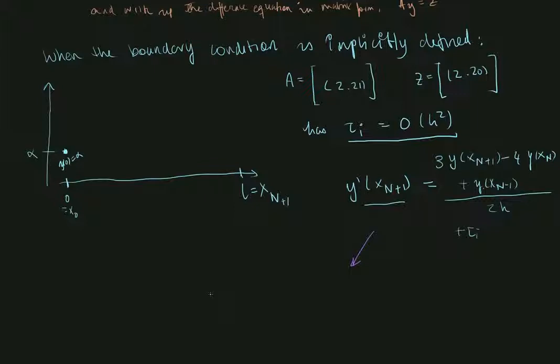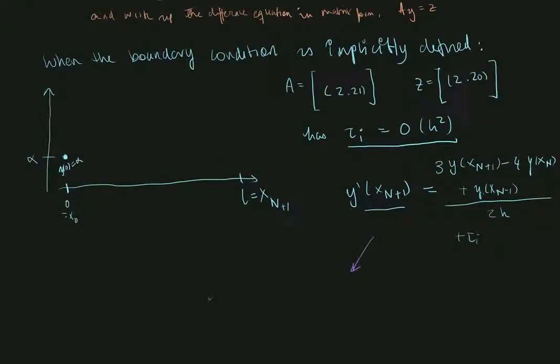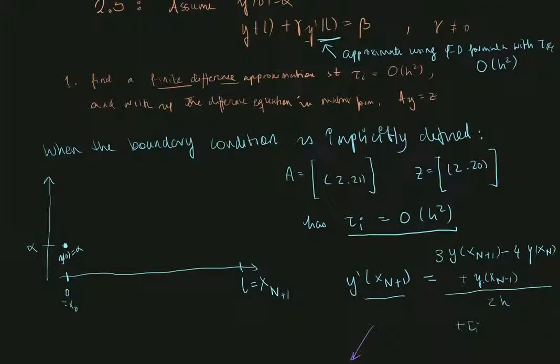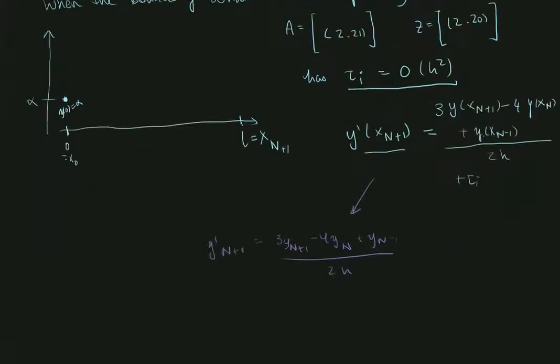So y prime approximated in step n plus 1 is given by 3 y n plus 1 minus 4 y n plus y n minus 1, divided by 2h, and that plus y of L is equal to beta.